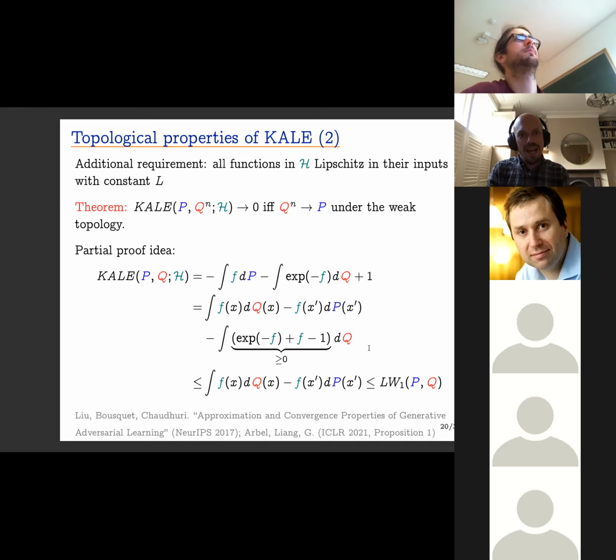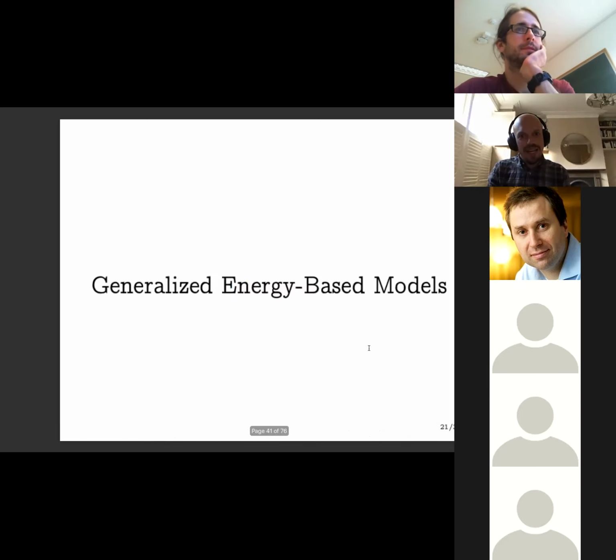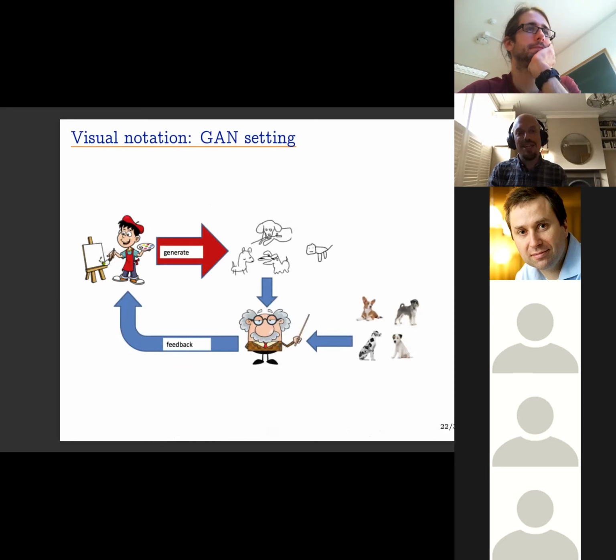Okay, good. So that ends the discussion of critic functions, and now we turn to generalized energy-based models. We've talked a lot about critic functions, but now we're interested in the whole process of generating samples.